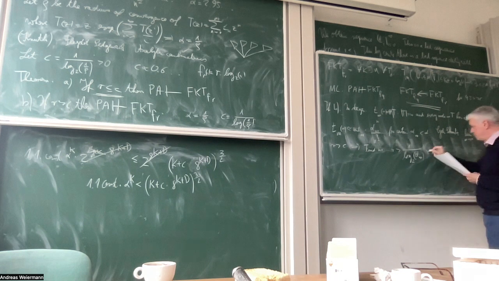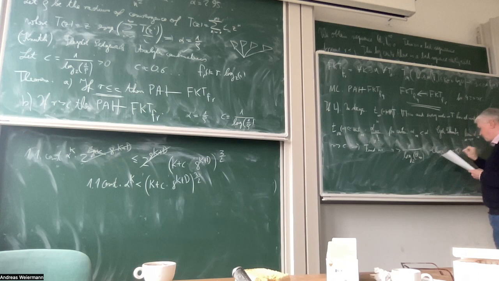Now choose a rational number between R and 1 divided by the binary log of alpha m.